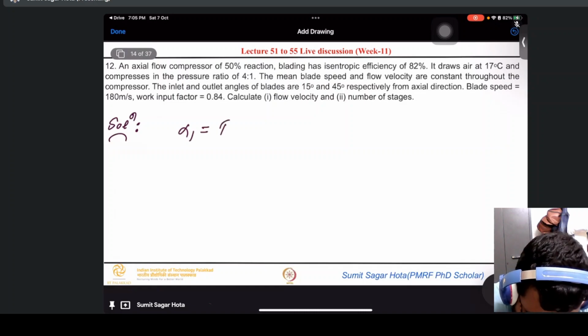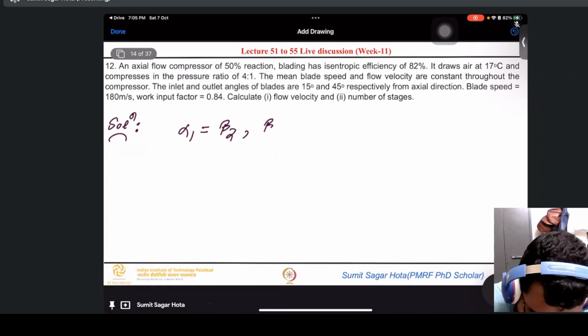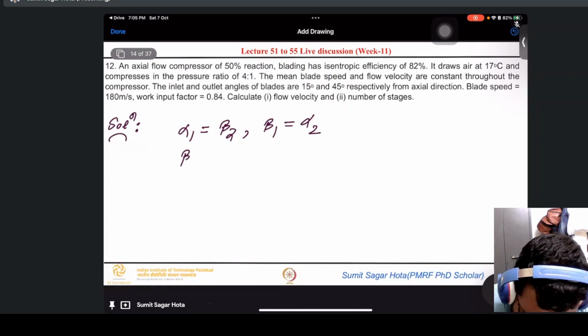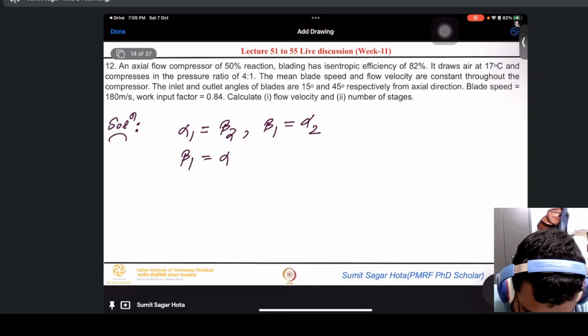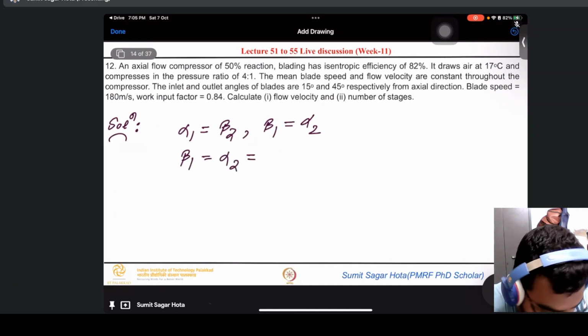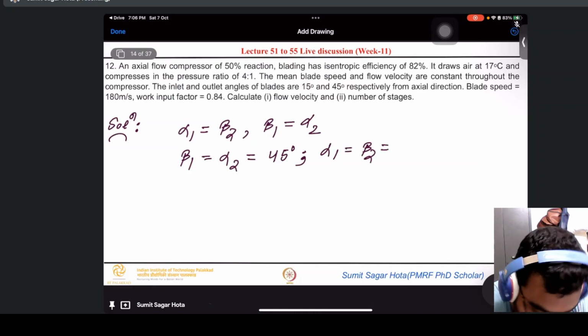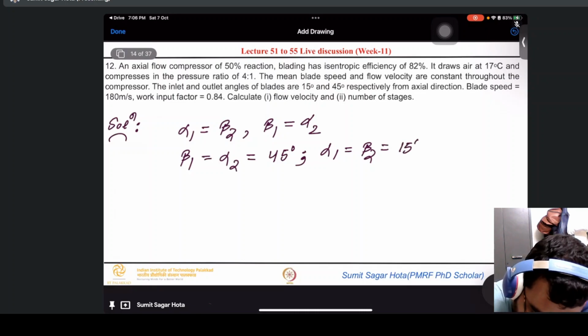Alpha 1 is equal to beta 2, beta 1 is equal to alpha 2. Beta 1 equal to alpha 2 is equal to 45 degrees, given, and alpha 1 is equal to beta 2 is equal to 15 degrees, given.